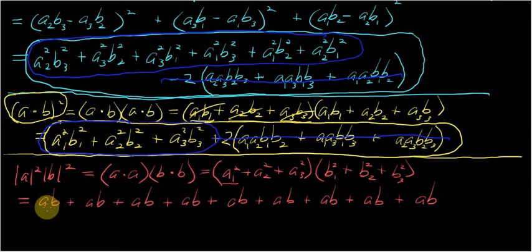So we need to make 3 of these. And then B1, B2, B3, all of them squared, and we're done with that one. This one's going to get paired also 3 times. We're done with that one.